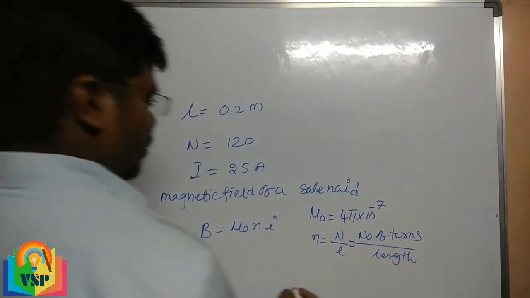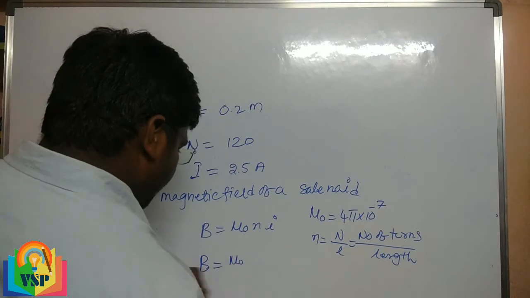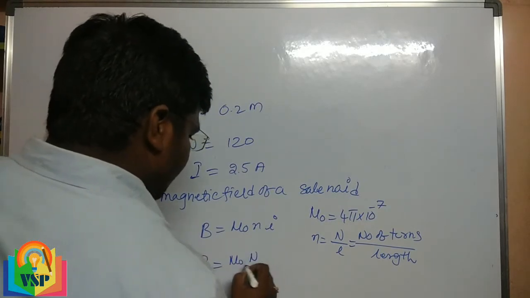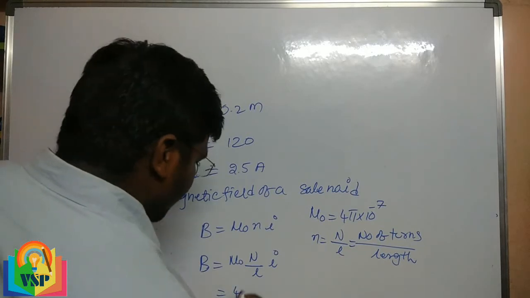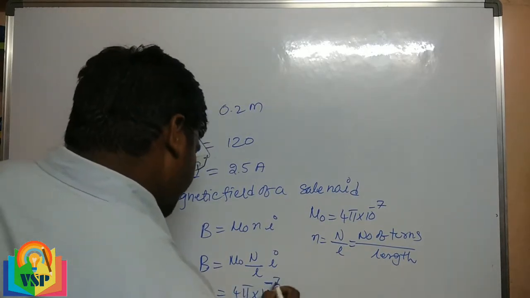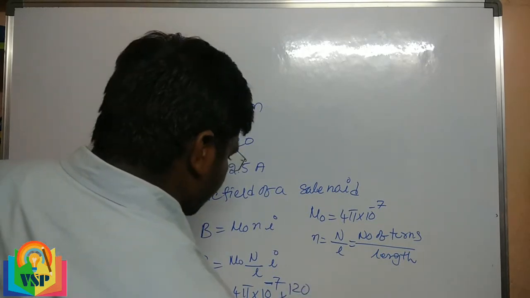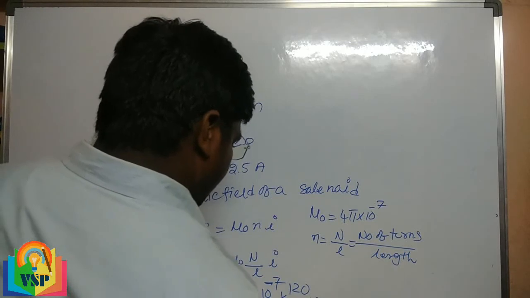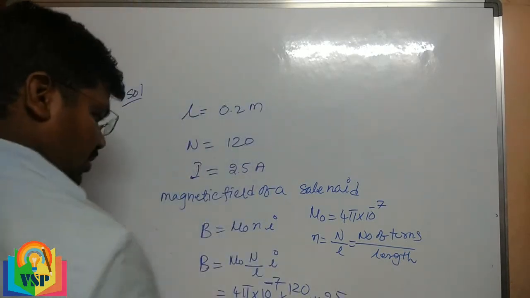So B is equal to mu naught into N by L into I, which is 4 pi into 10 power minus 7 into 120 divided by 0.2 into 2.5.